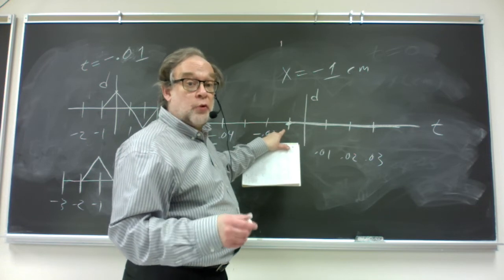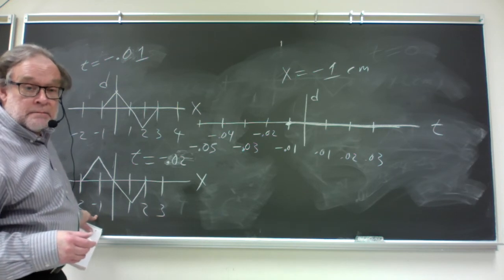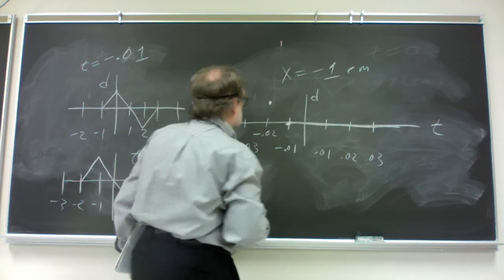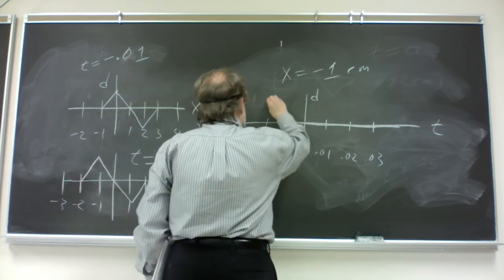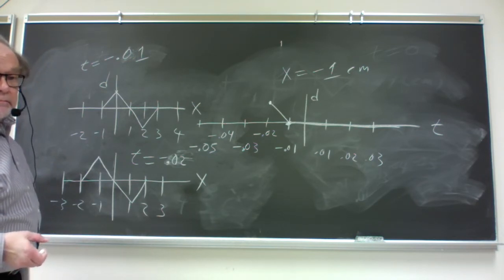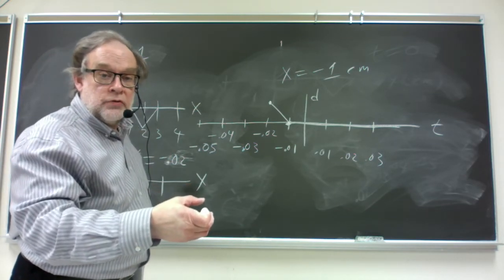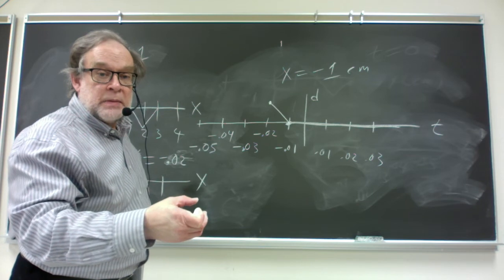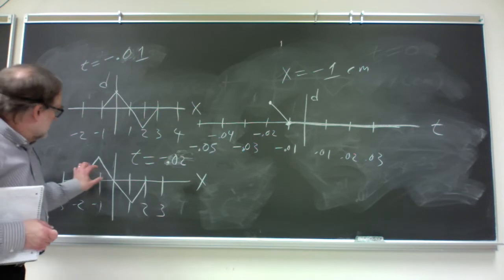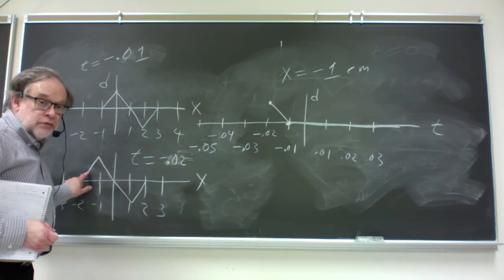1/100th of a second before that, the peak was passing through. And then in each 100th of a second, a 1 centimeter segment of the pulse is passing through the x equal minus 1 point. So this piece of the pulse is right in front of this piece.